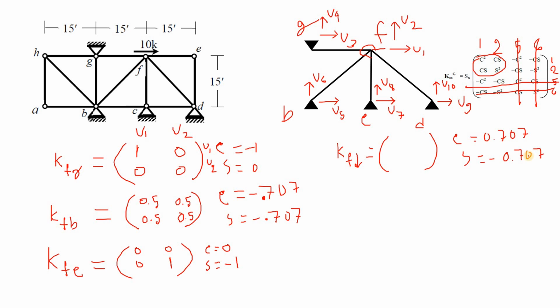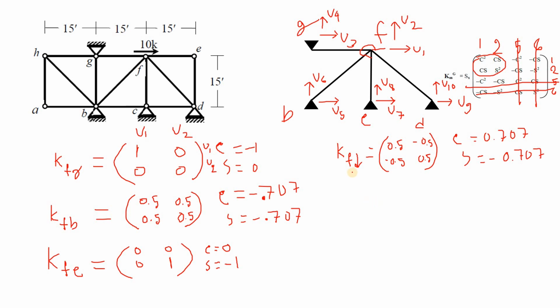Okay, so if you run those values here, we're going to get 0.5, 0.5 here, so C squared is 0.5, then C and S is going to be a negative 0.5, there you go, a negative 0.5. Okay, and right after that, we're going to have another negative 0.5 here and a 0.5 here. Okay, so that is done as well for KFD.